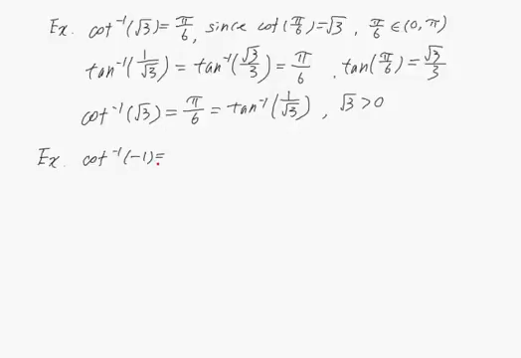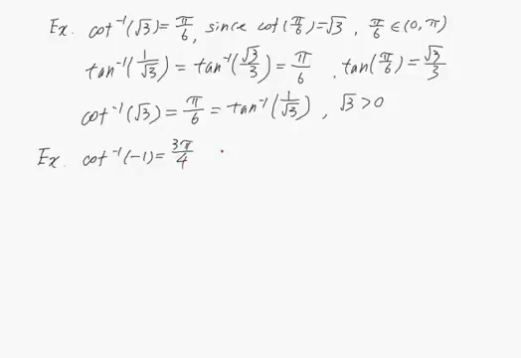Pi over 4? Cotangent of pi over 4 is equal to 1, not equal to -1. Right? What is the angle? Say again? 3 pi over 4. That is correct.